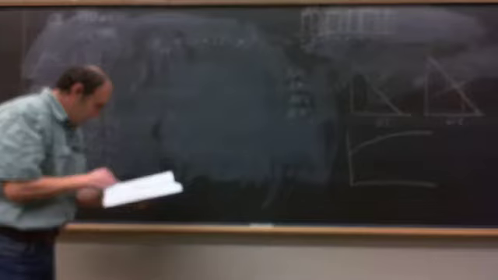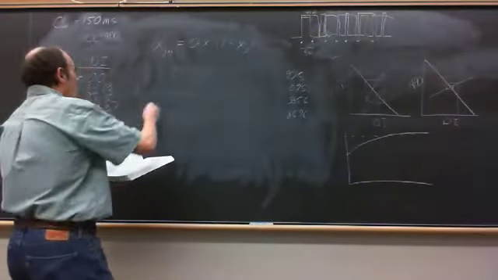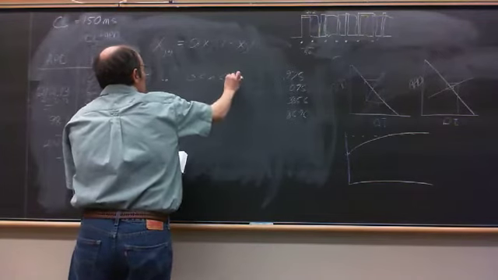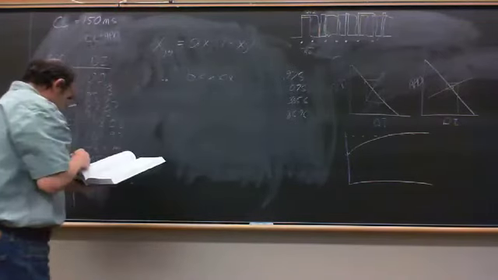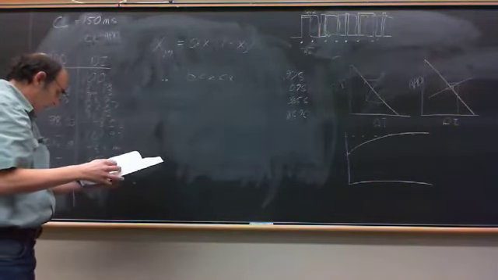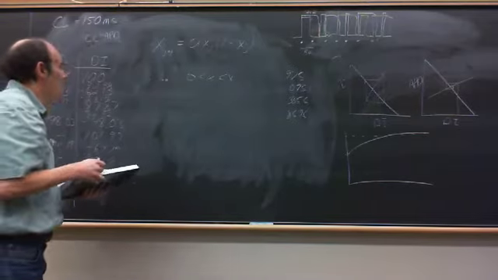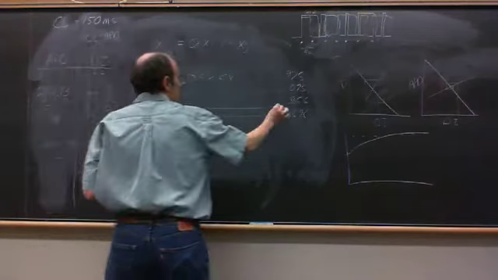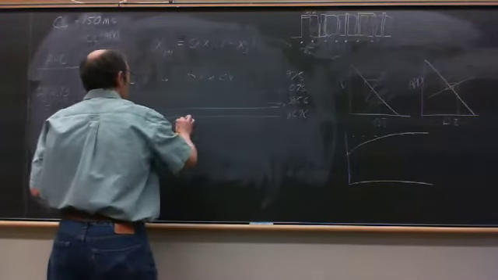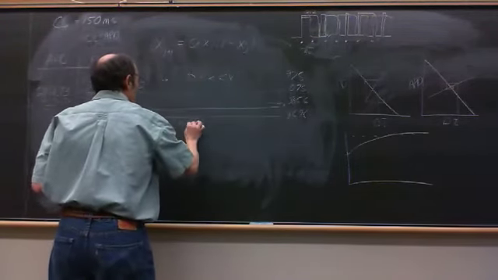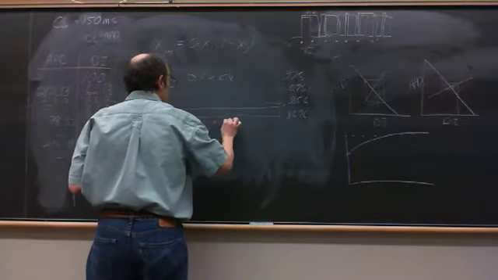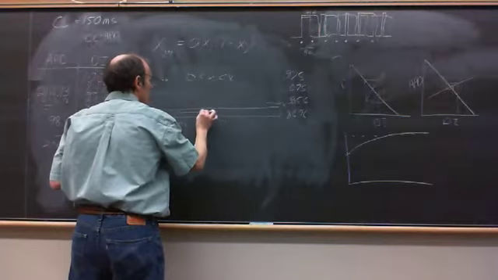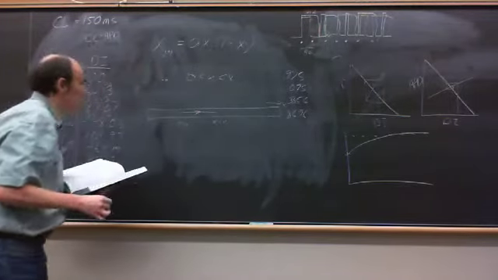The current along the axon is I0 for 0 less than x less than x1, and it's 0 everywhere else. So here's your axon. This is x. Here is going to be x equals 0, x equals x1. And there's a current flowing, I0.